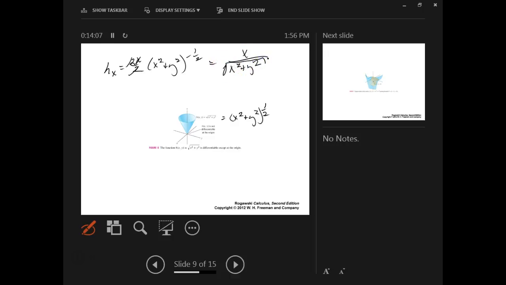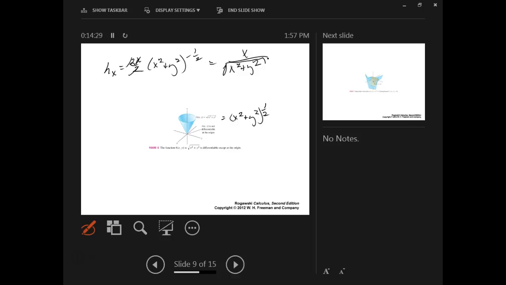That is your h sub x. Now what's the requirement? It needs to exist and be continuous. Well, it exists everywhere except the origin. 0, 0 will not work there.